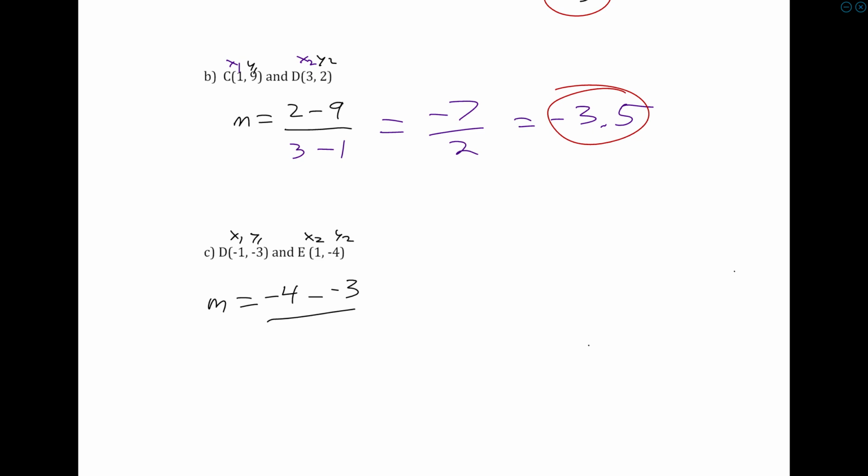Subtracting negatives, that sounds painful. And then I've got 1 minus... Do we remember our integer rules? Maybe? I'm starting from -4 and taking away -3. Or starting at -4 and I'm adding 3. This is now -1.